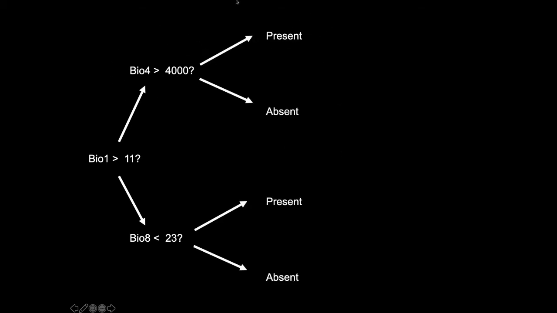And so maybe up here, you find bio4 being greater or less than 4,000 is the best among that stack of predictors. That's splitting out the leftover data here into presences and absences. And maybe down here, you find that bio8 being less than 23 is the best classifier for presences and absences among this subset of the data that already took this branch.